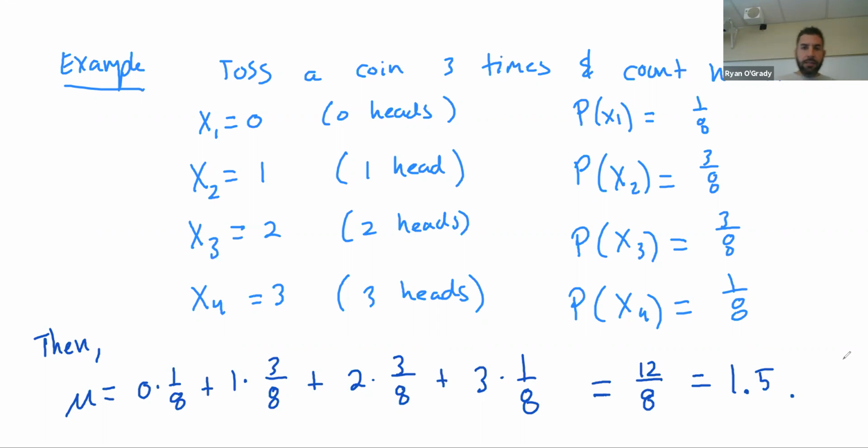What this is suggesting is that if you did this experiment, say a couple thousand times, and you took the average result of the heads each time, your number would be 1.5. Does anybody have a comment or a question?